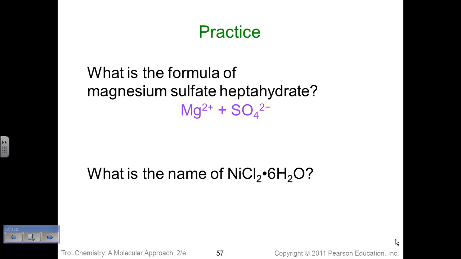Sulfate. Hear the ATE ending? ATE tells me polyatomic ion. Sulfate is a polyatomic ion, so I don't have to memorize. I have to go to my polyatomic ion chart and find it. Second column over, quarter of the way down, sulfate, SO4 -2. Notice how a +2 and a -2 are going to electrically balance with just 1 unit of each.